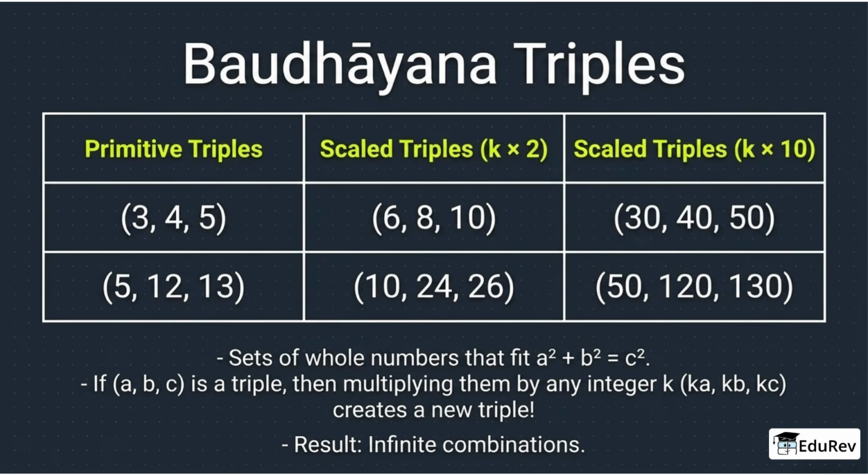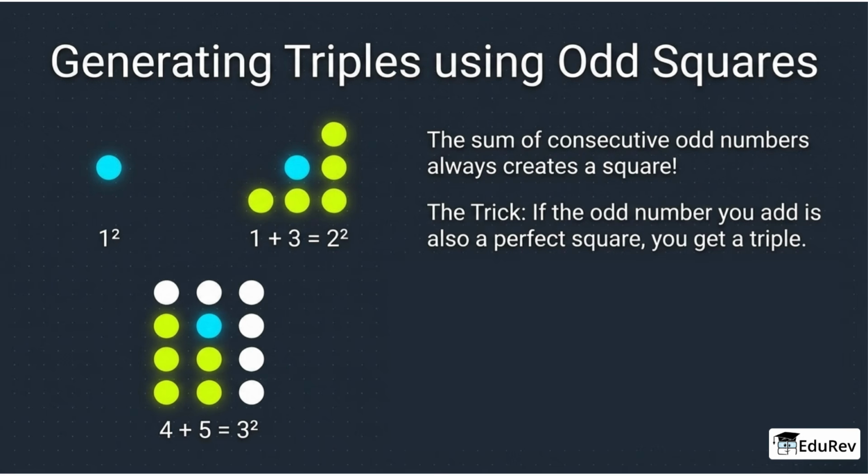But how did ancient mathematicians figure out these specific number sets in the first place without modern calculators? They generated these triples using a clever trick involving odd squares. It turns out that the sum of consecutive odd numbers always creates a perfect square. For example, 1 plus 3 equals 2 squared.